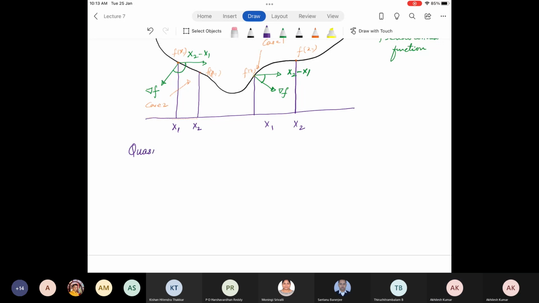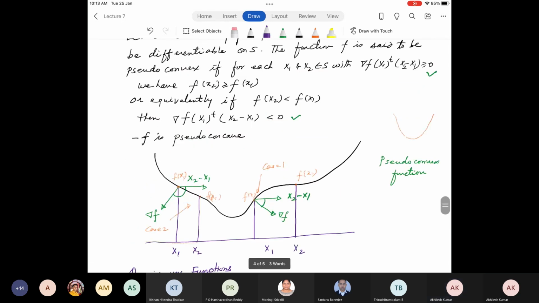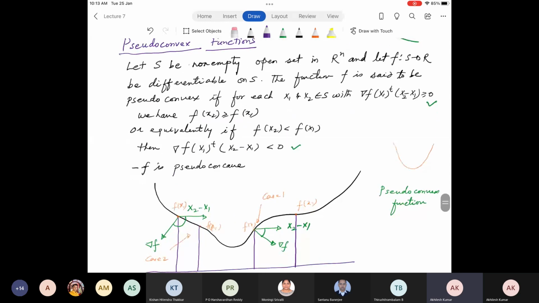It's called quasi-convex function. So for pseudo-convex, differentiability is important. Then only we can show whether a function is pseudo-convex or not.